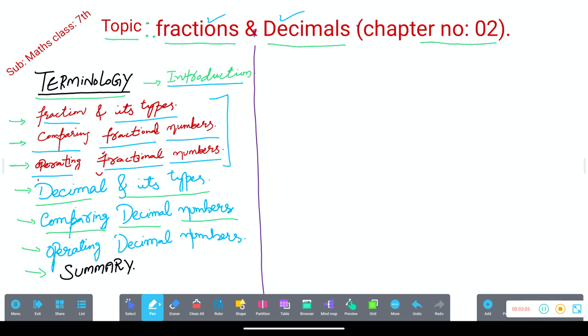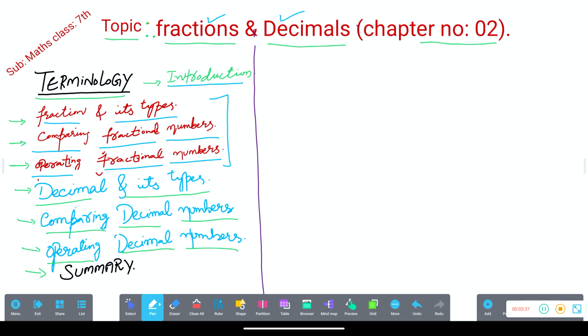The way you learn comparing fractional numbers in the first part of the chapter, in the second part you will again learn how to compare decimal numbers. The last topic of the chapter is operating decimal numbers. The way you deal with operating fractional numbers in the first part, in the second part you will deal with operating decimals.